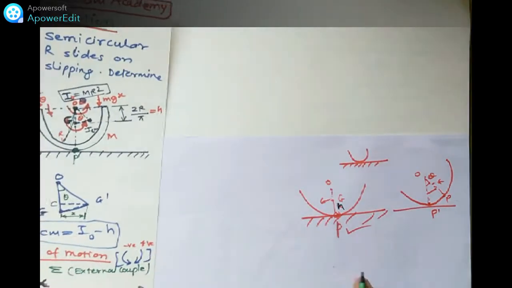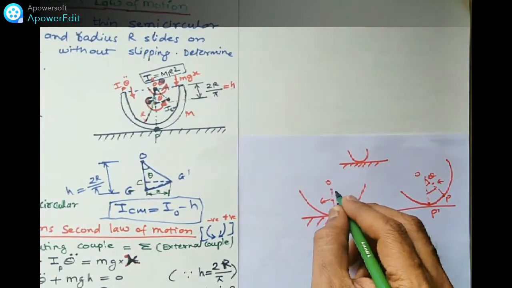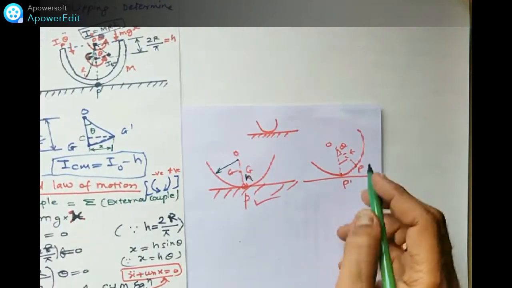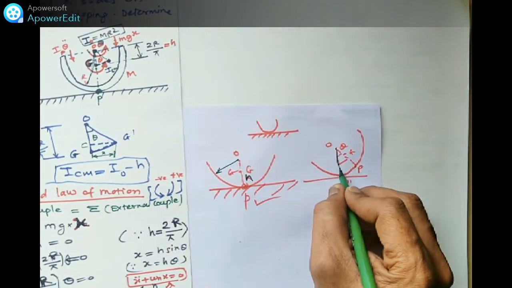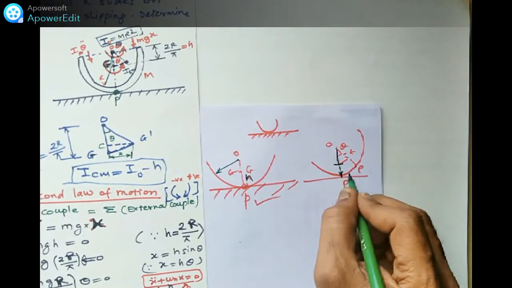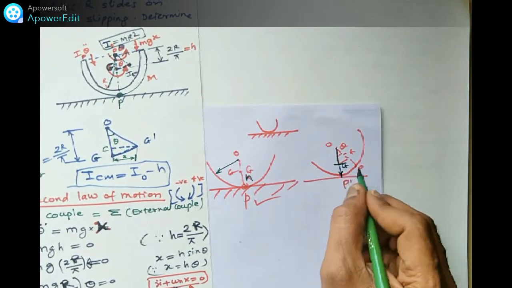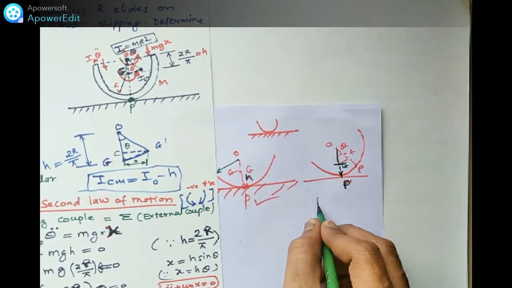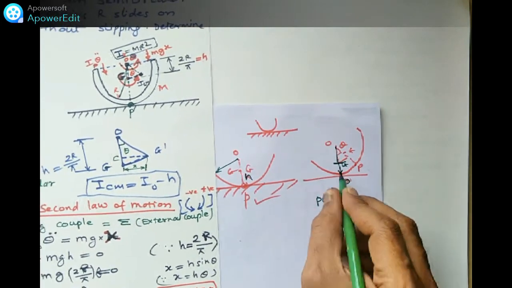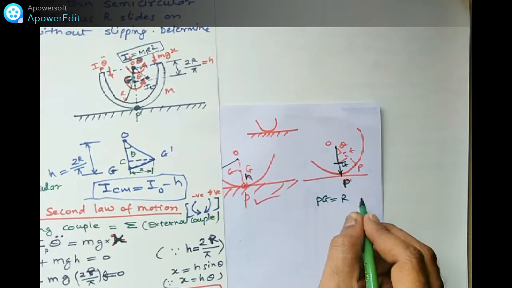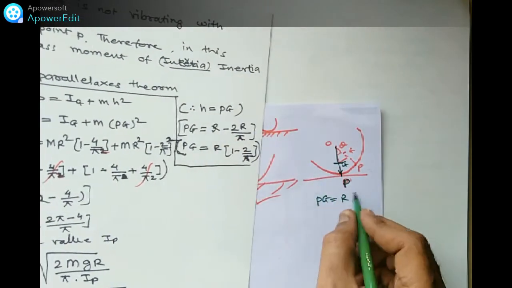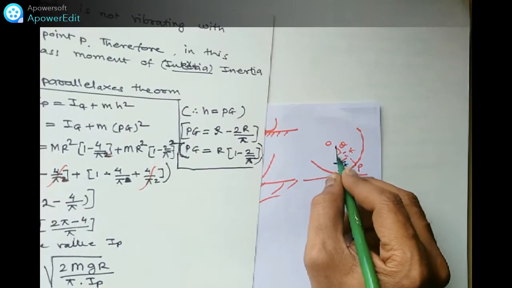This is the distance R, and when it moves from this position, this is the distance PG, and this is the O. What we have to find out is PG, which is equal to the total distance R minus this distance, and we know this distance is 2R by pi.